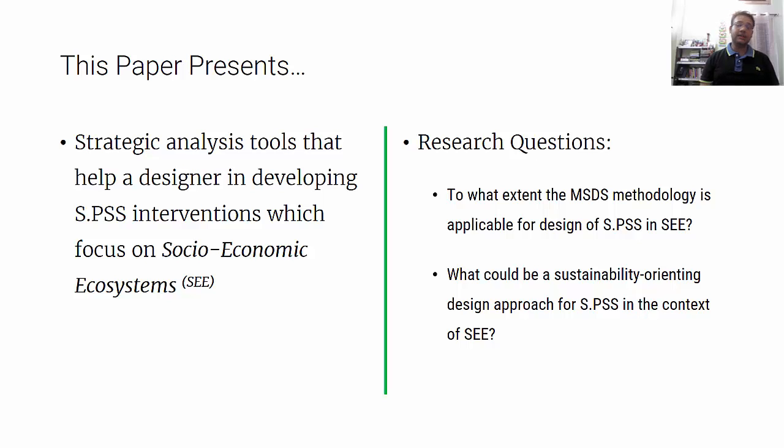The second one is, what could be a design approach for SPSS in the context of SEE? Specifically, we have developed tools for identifying actors and their activities in an ecosystem. We have developed tools for understanding the infrastructure and the needs of the actors, clarifying the goals and the problem statements, and finally for competitor analysis.